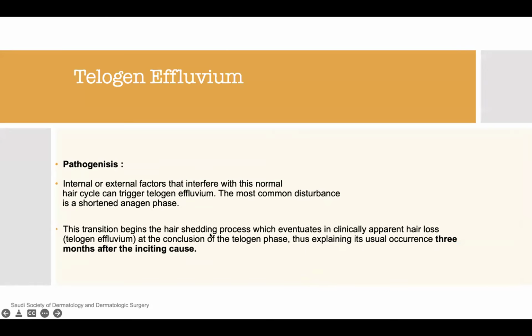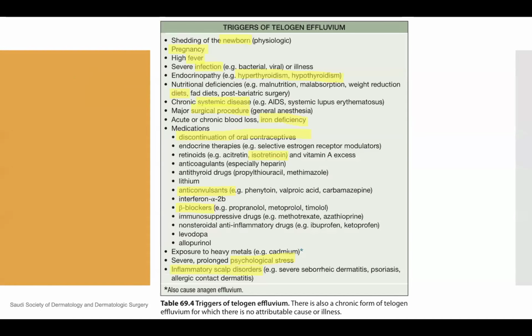So the transition begins the hair shedding process, which eventually clinically represents as hair loss, telogen effluvium, which means that telogen effluvium starts to occur 3 months after the inciting cause. It's important to keep this period in mind because we have anagen effluvium, which usually starts 2 weeks after the inciting cause.